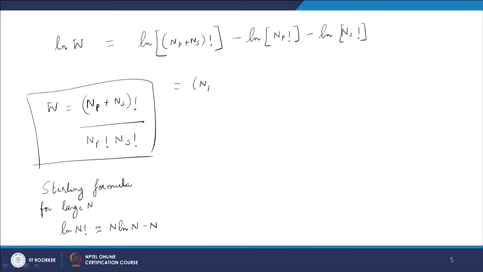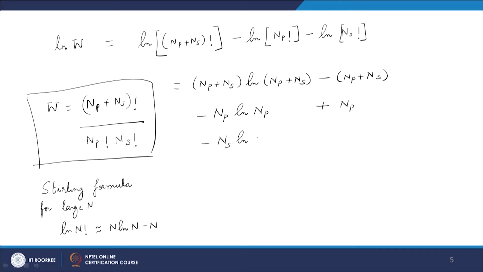So, using this formula, what we have is (Np + Ns) ln(Np + Ns) − (Np + Ns − Np) ln Np + (Np − Ns) ln Ns + Ns.